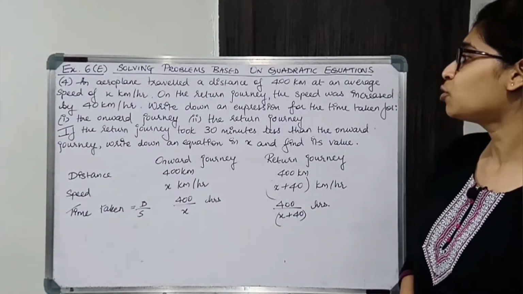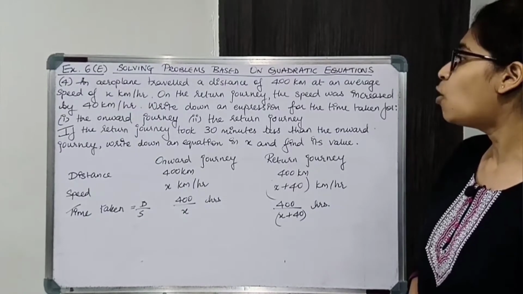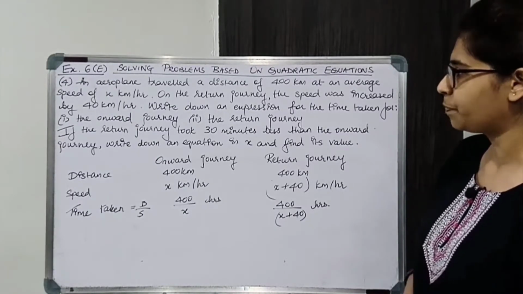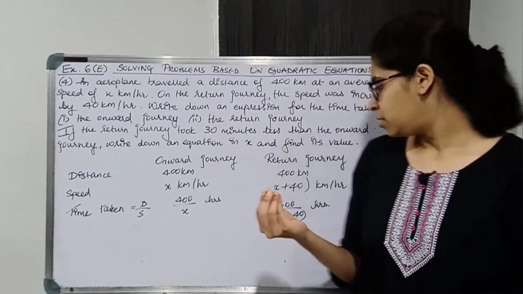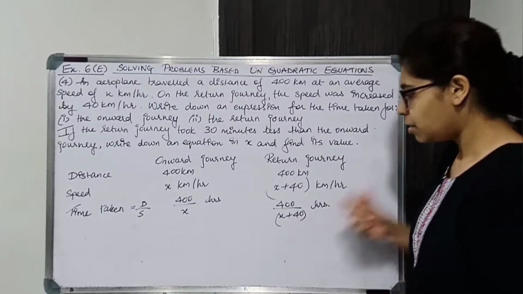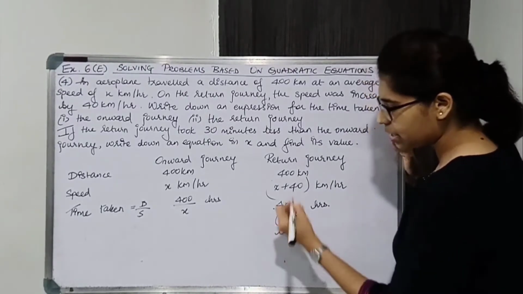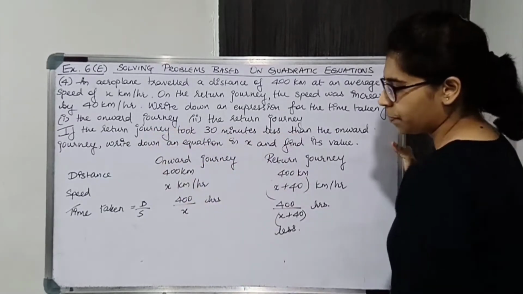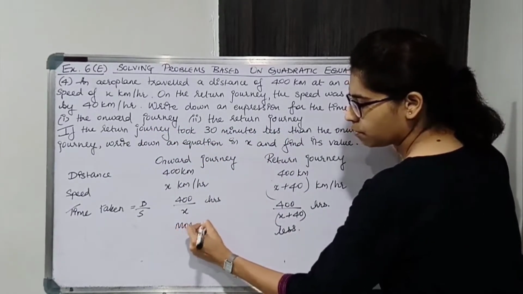If the return journey took 30 minutes less than the onward journey, write down an equation in x and find its value. In return the speed was more, so it is taking less time. It took 30 minutes less for the return journey, so this one is taking more time.